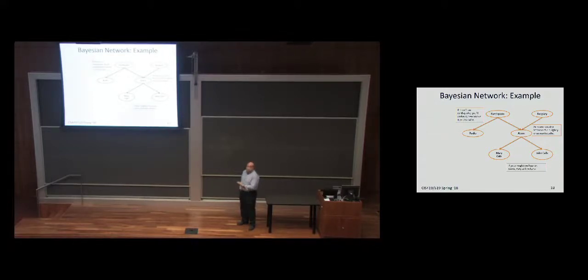I'm actually going to give you specific numbers here. But you could also say, you know what, this is a Poisson distribution with these parameters, or a Bernoulli with this parameter. All this defines is the structure and the conditional probabilities needed.